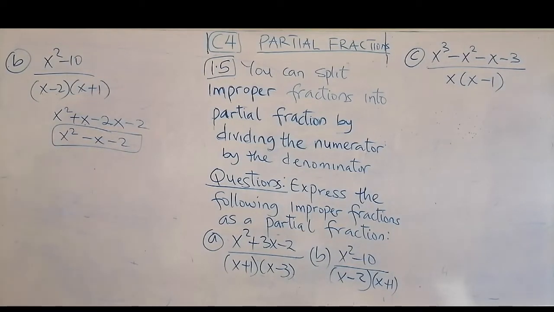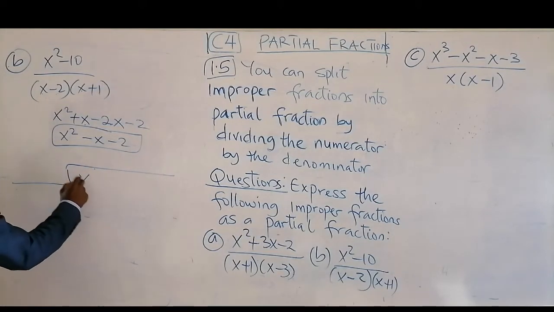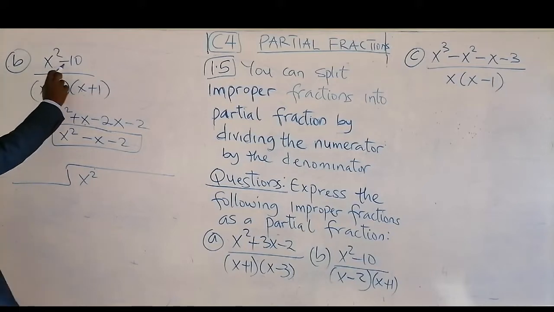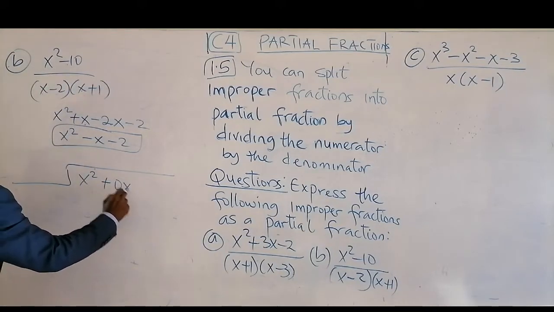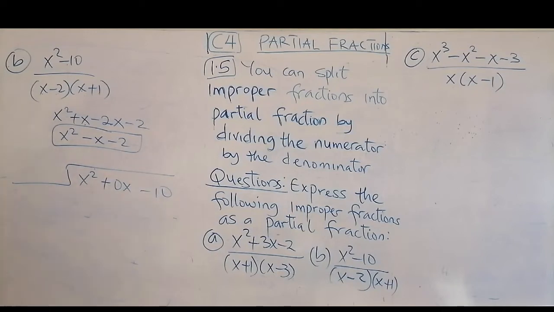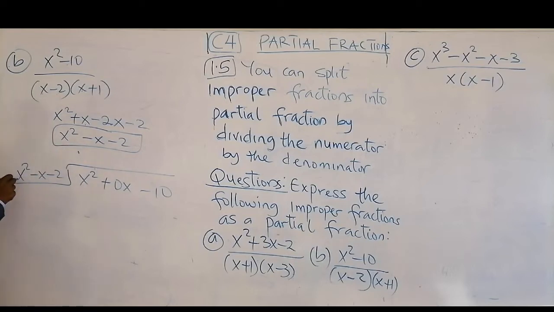Then the next step is to do your long division, polynomial division. This is x squared. I'm going to write this one in the quadratic form, which will be plus 0x, then minus 10, followed by x squared minus x minus 2. What number do I need to use here so that when I multiply it by this, I must add my x squared?